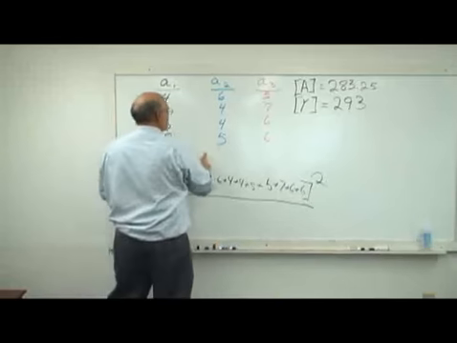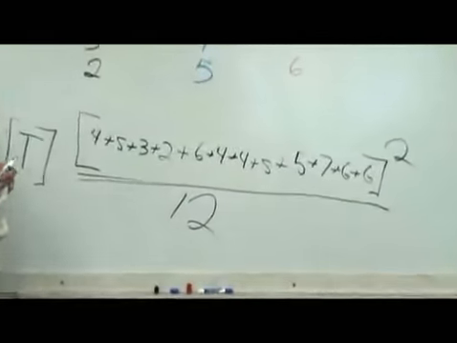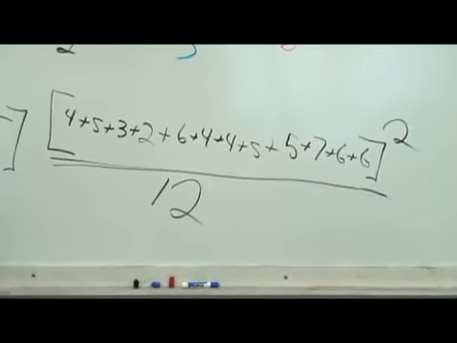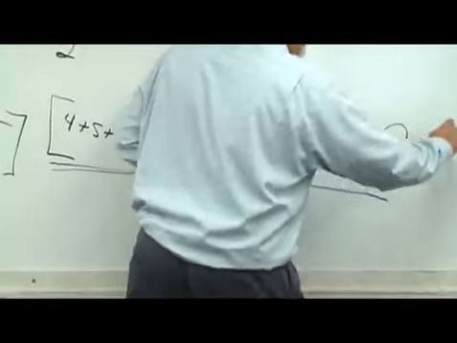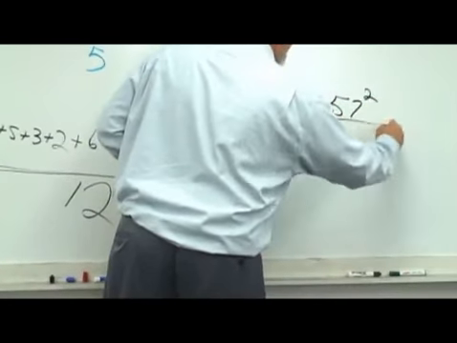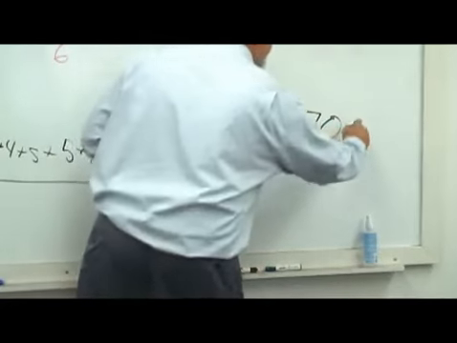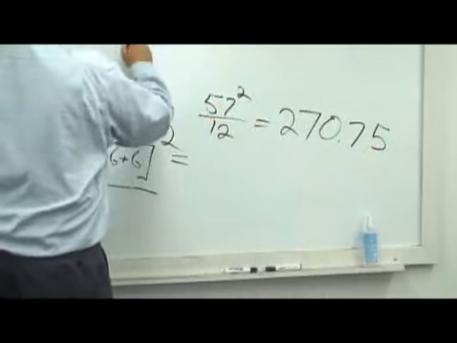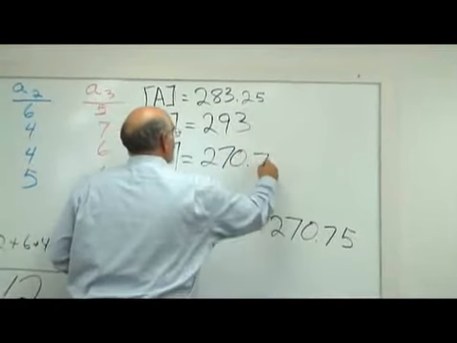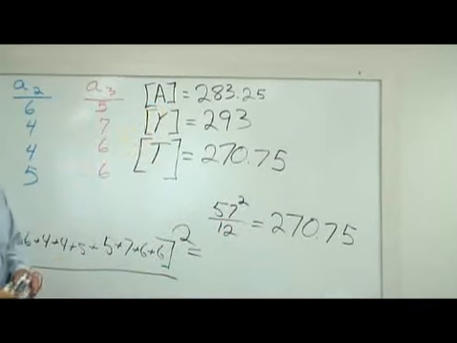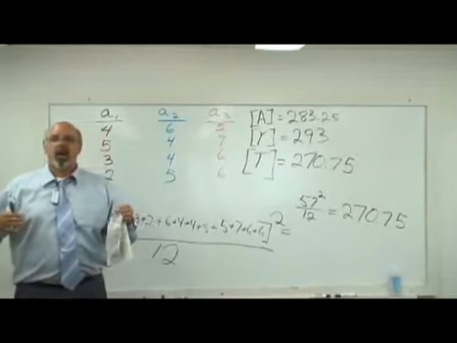So there's 1, 2, 3, 4, 5, 6, 7, 8, 9, 10, 11, 12. So you're going to divide that number by 12. Got it? That comes out to be 57 squared divided by 12, and that comes out to be 270.75. That is your T bracket. So now you have your bracket terms, A, Y, T. You're ready to put those into the ANOVA table.